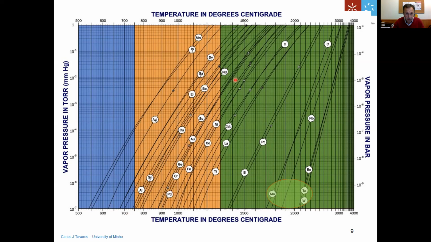For several elements you will have here the vapor pressure either in units of torr or millimeters of mercury, or in bar. There's lots of units to measure pressure. You have bar, you have Pascal, you have atmospheres, you have millimeters of mercury, torr.